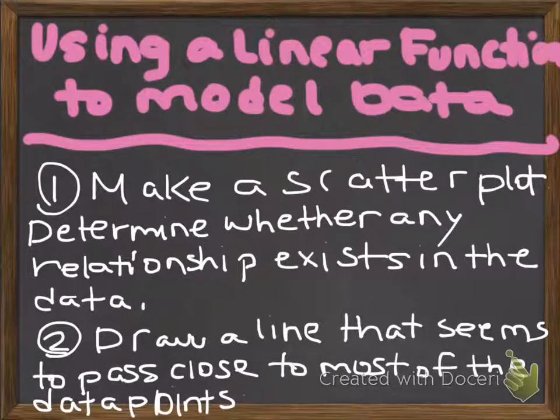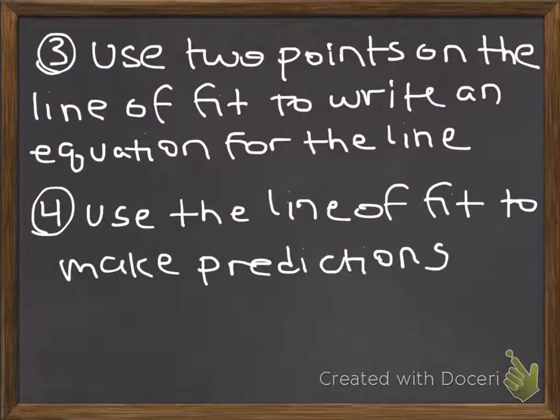But if there is a positive or a negative relationship, then you can draw a line, and you want to draw your line for step 2 through as many points as you can on your scatter plot, but you don't obviously need to draw it through every point. Third step would be to use 2 points on the line that you drew to write an equation for the line.